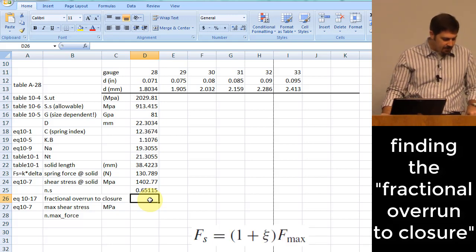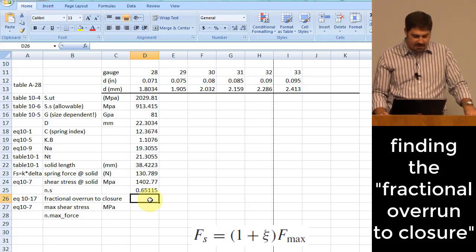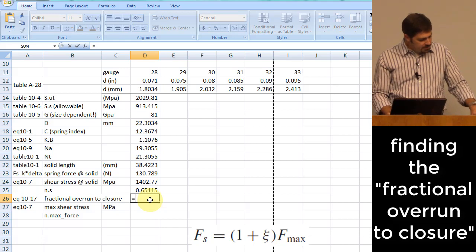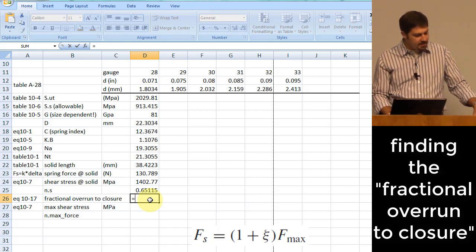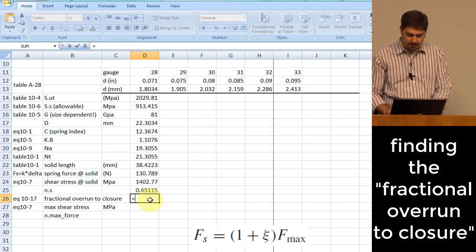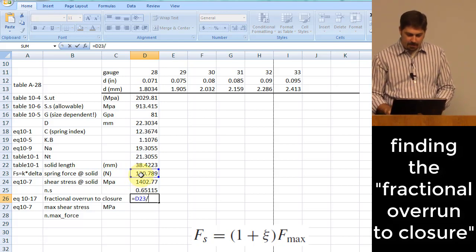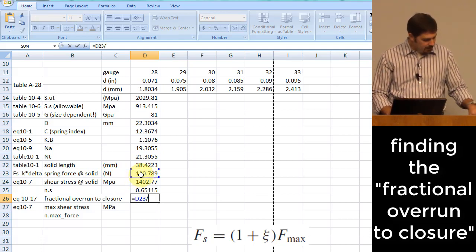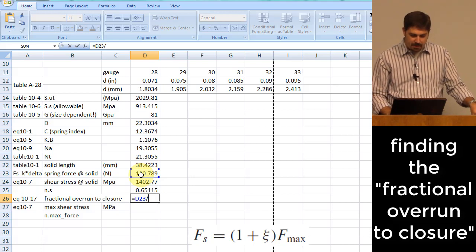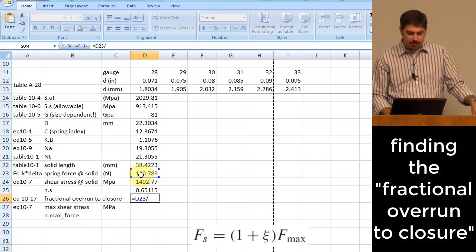You have to rearrange equation 10.17 in order to get that number. The starting point is to take the fraction of the force at the solid height, which I had up here, the spring force at solid height, divided by the maximum force that we expect it to have to carry. And what was that?